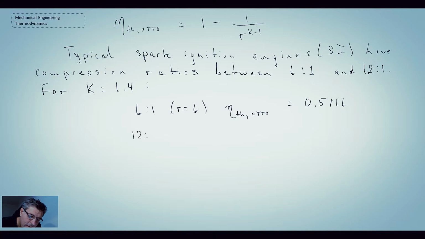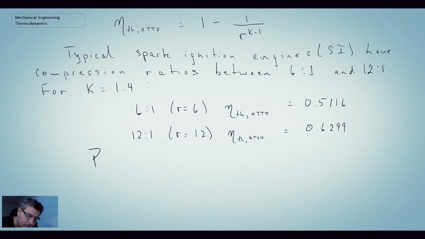And if we have a 12 to 1 compression ratio, the thermal efficiency for the Otto cycle, now remember that this is an ideal Otto cycle, is 0.6299, which sounds great. I mean, we're talking 51 to 62, 63%. In reality, however, nature comes in and plays some tricks on us and prevents us from being able to have this idealized scenario.